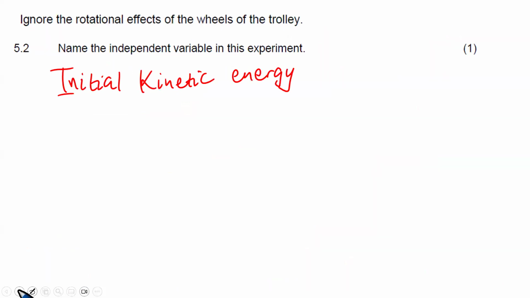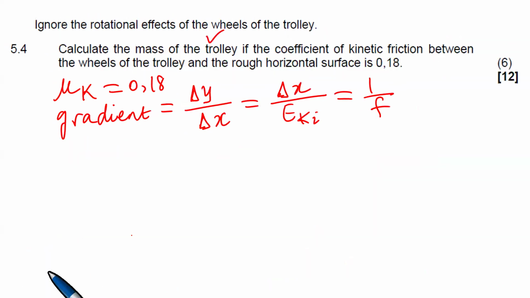So which means, therefore, now at this point, we say the gradient, if it is 1,5 divided by 6, which is 1 over the kinetic friction. So we're using this particular formula here.